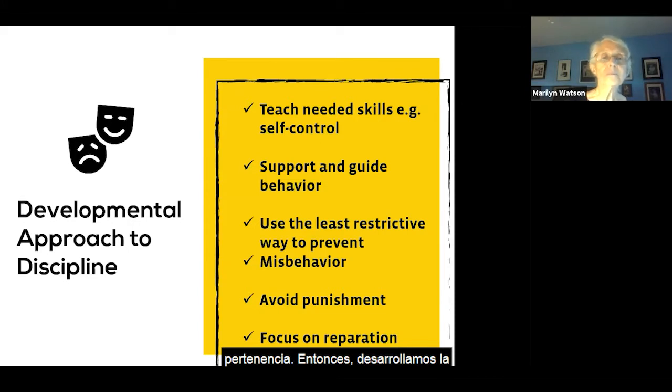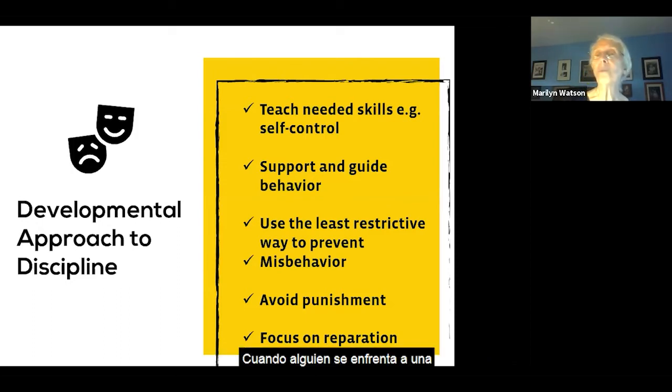So developmental discipline recognizes that many of the students do not have some of the skills that are absolutely needed for moral behavior in a complex, challenging situation. Skills like self-control. So teaching what we would call social and emotional skills is part of developmental discipline.